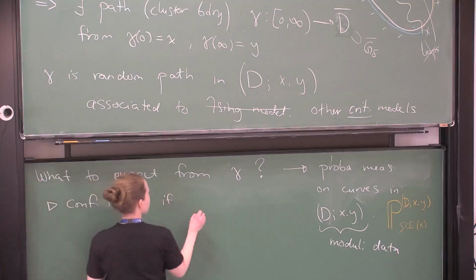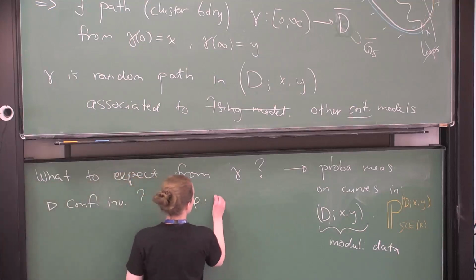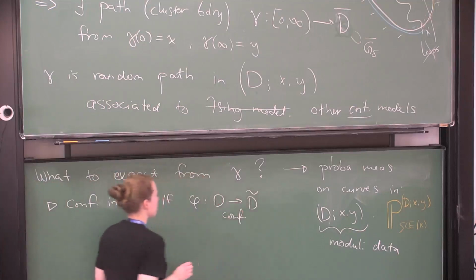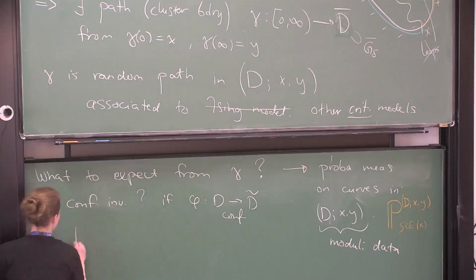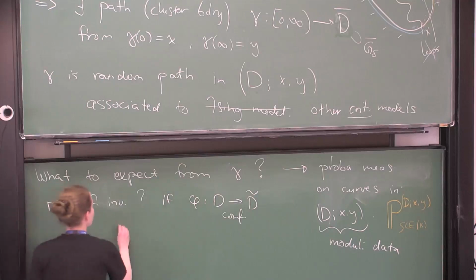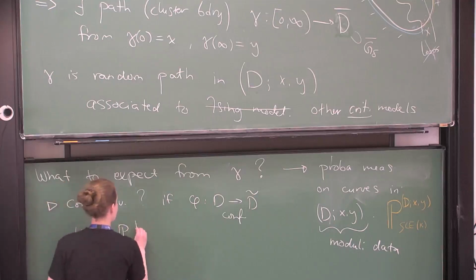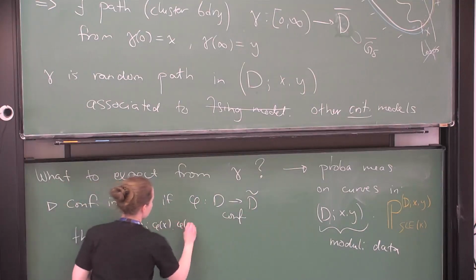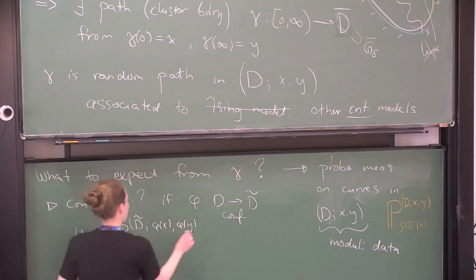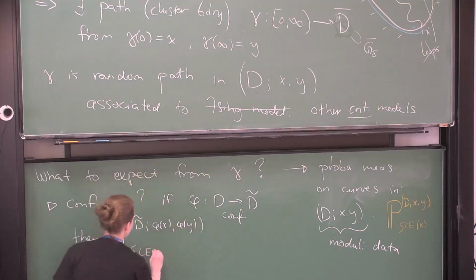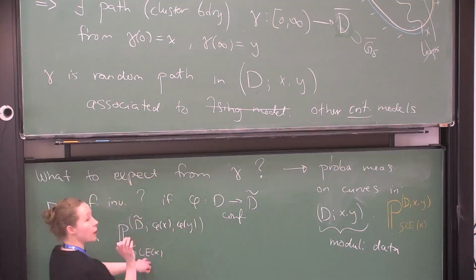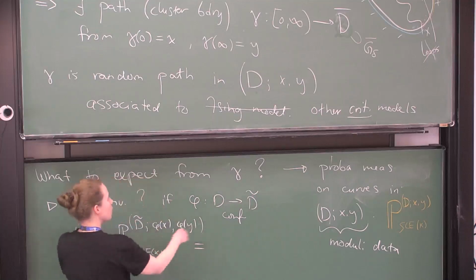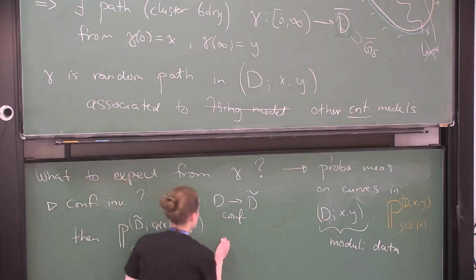Okay, so what does it mean? If I have some conformal map from D to some other place, then the P in the other place, at the images of the marked points, that's supposed to represent the name of the object, should be the pushforward of the measure here by this map.